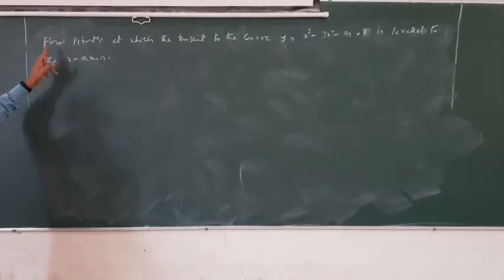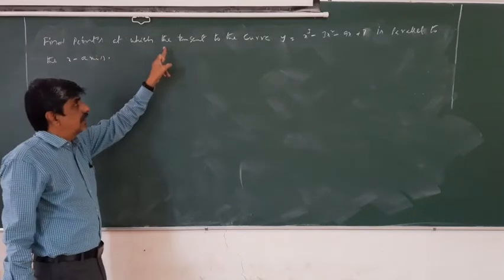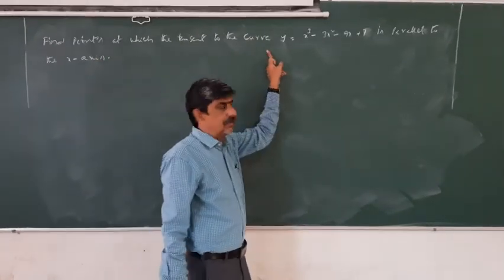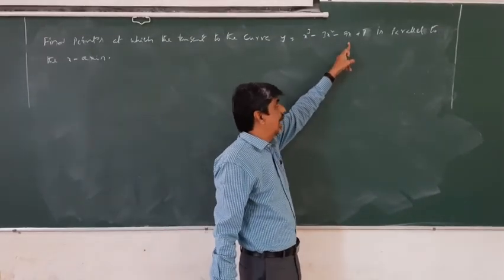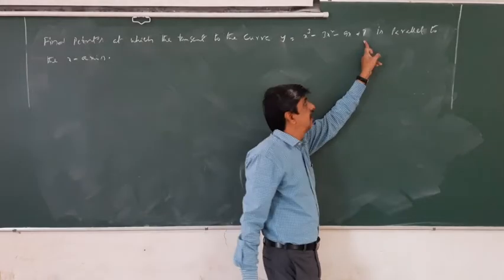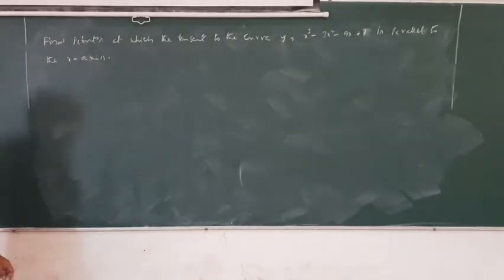Next problem: find the points at which the tangent to the curve y is equal to x cube minus 3x square minus 9x plus 7 is parallel to the x-axis.